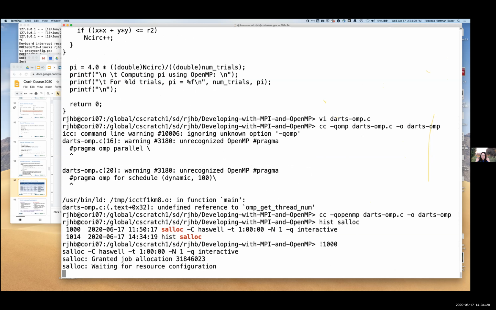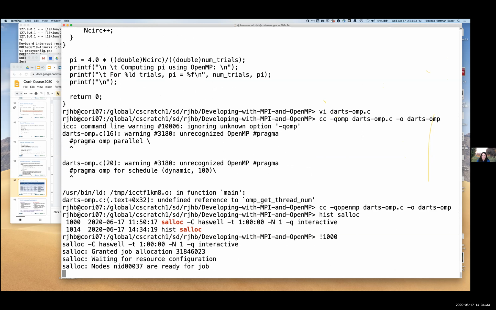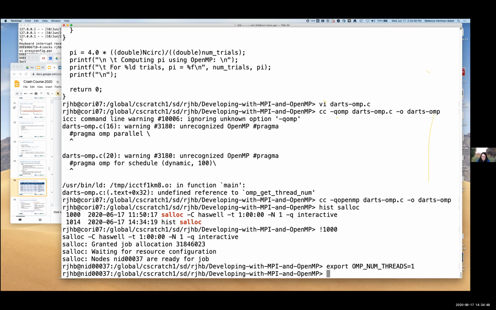Okay, we'll just cross our fingers that it's actually going to run. So let's try it. Let's say export OMP_NUM_THREADS, let's go for 1 right now. And then let's run it.